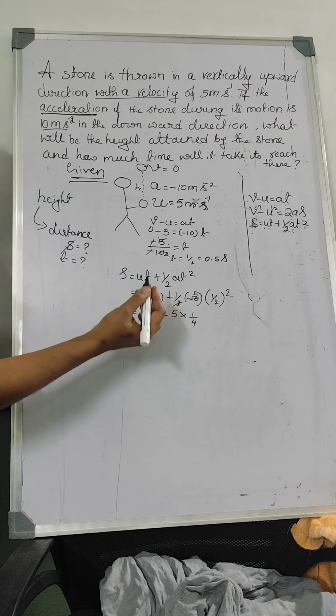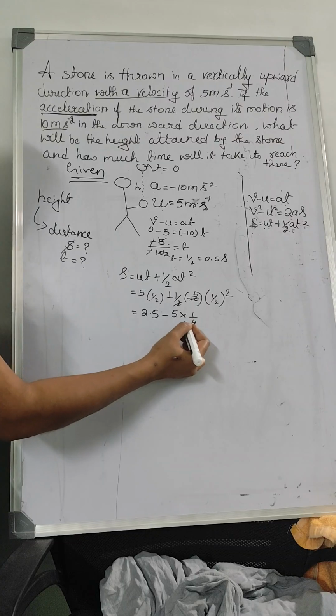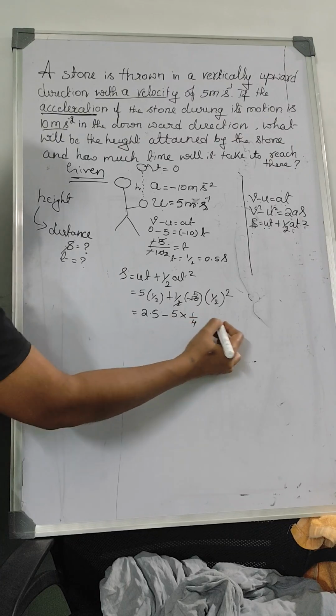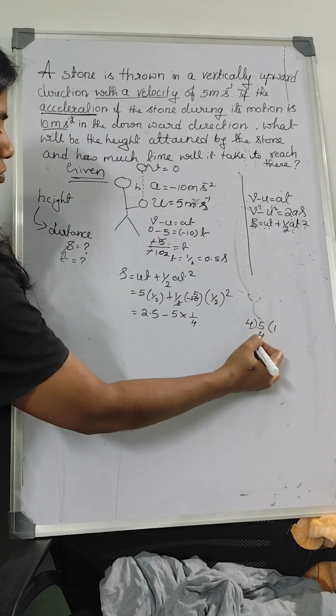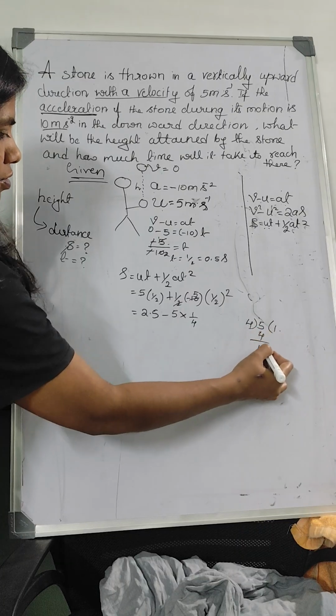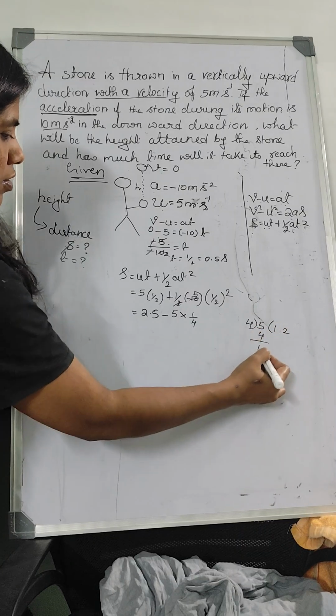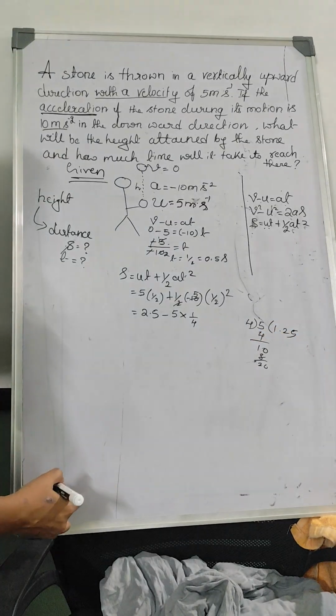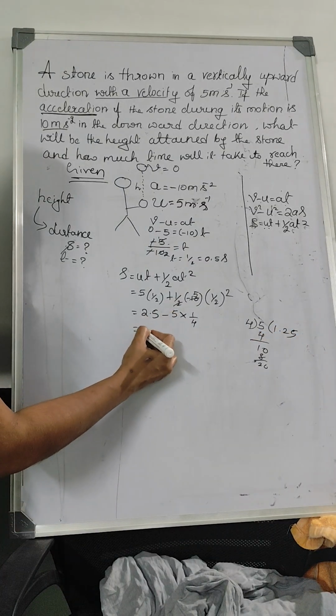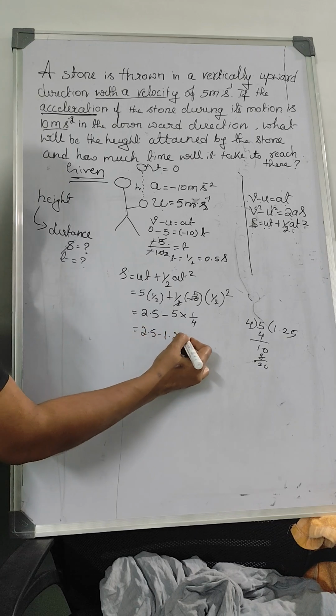So 1/4 of 5 is how much? Find out fast. You can divide it: 1.25 it will come. So 2.5 minus 1.25.